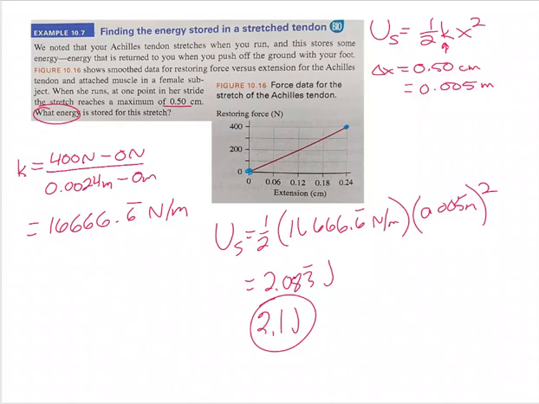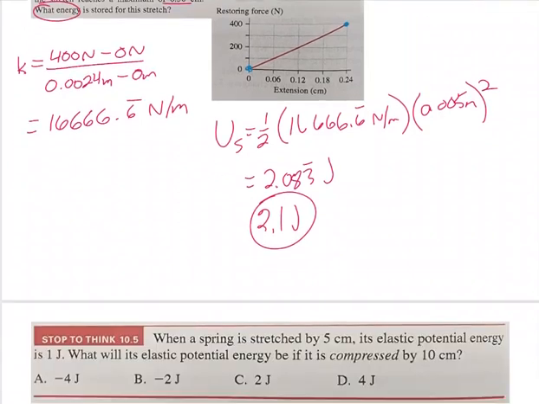Well, compared to going up the flight of stairs, running up the Empire State Building, not nearly as much, right? But we're talking about a slight stretch in the Achilles tendon in the human body as we're running. We're getting 2.1 joules every single step. Could it be more? Yeah. Maybe, but 2.1 every single time.